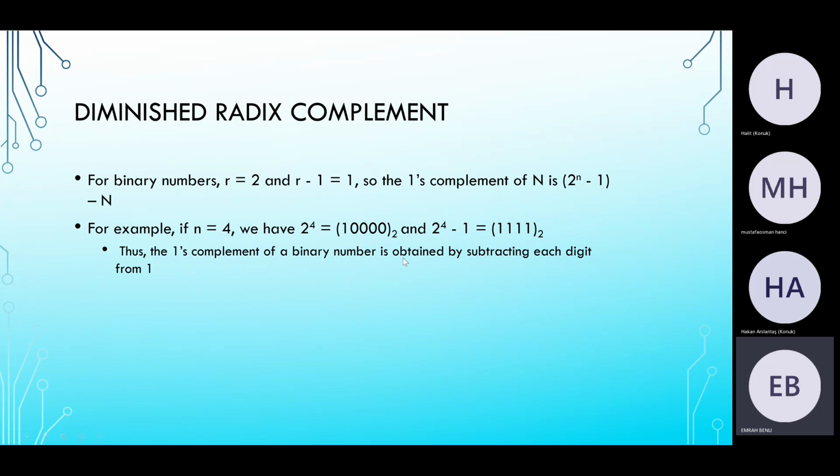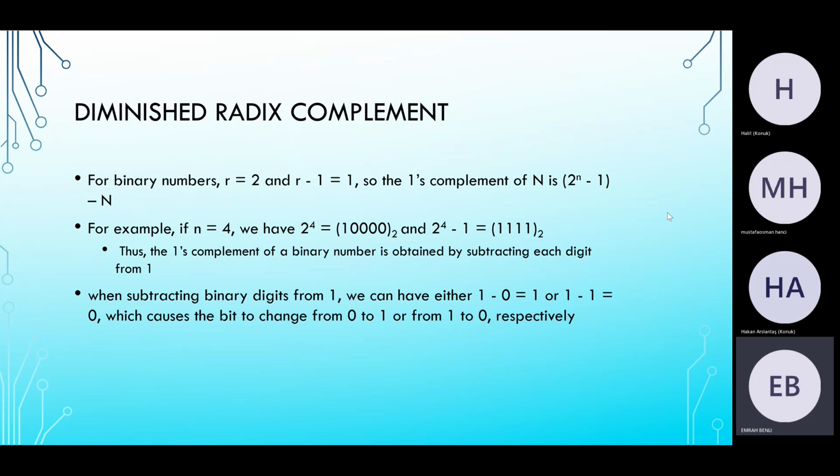So what we are doing is obtaining binary numbers by subtracting each digit from 1. So if we subtract binary digits from 1, we can have 1 minus 0 is 1, or 1 minus 1 is 0. So that means we just change the bits from 0 to 1 or 1 to 0.